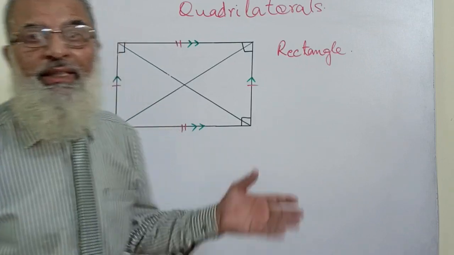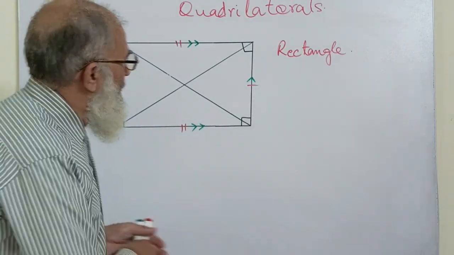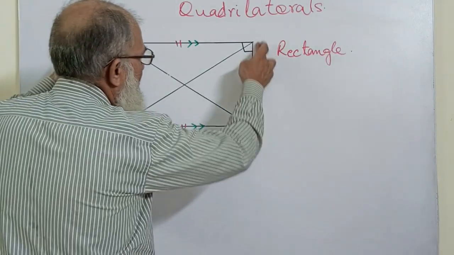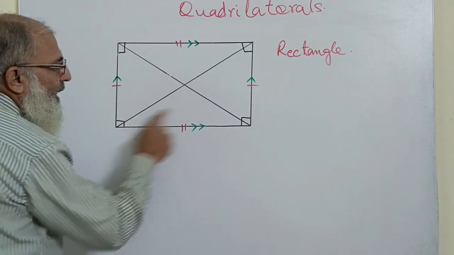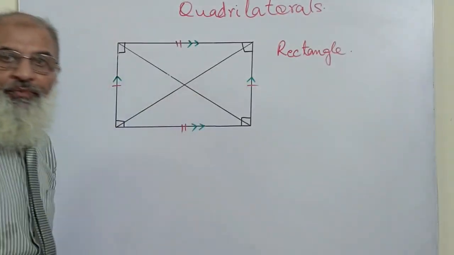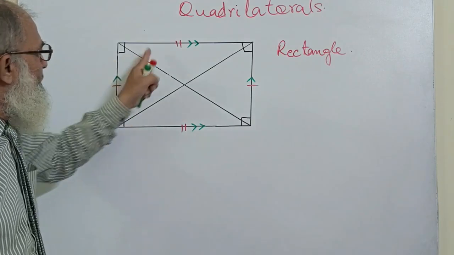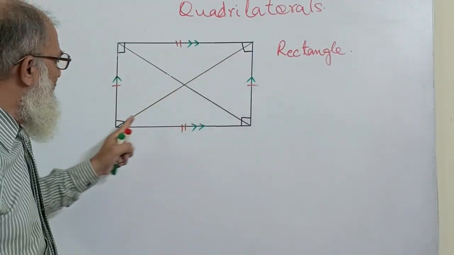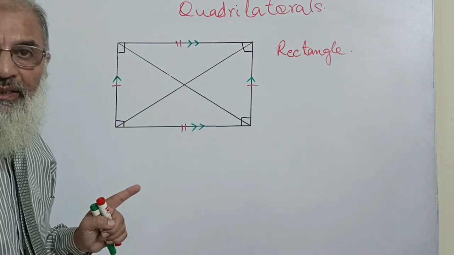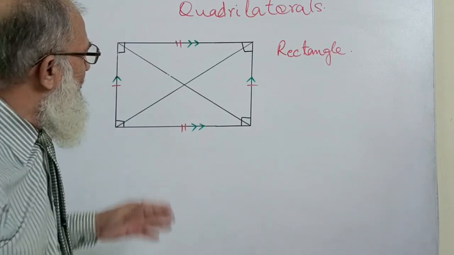As I told you, this is the only parallelogram in which the angles are 90 degrees each. This angle is 90 degrees, this angle is 90 degrees, this angle is 90 degrees, and this angle is 90 degrees, and each angle is a right angle.